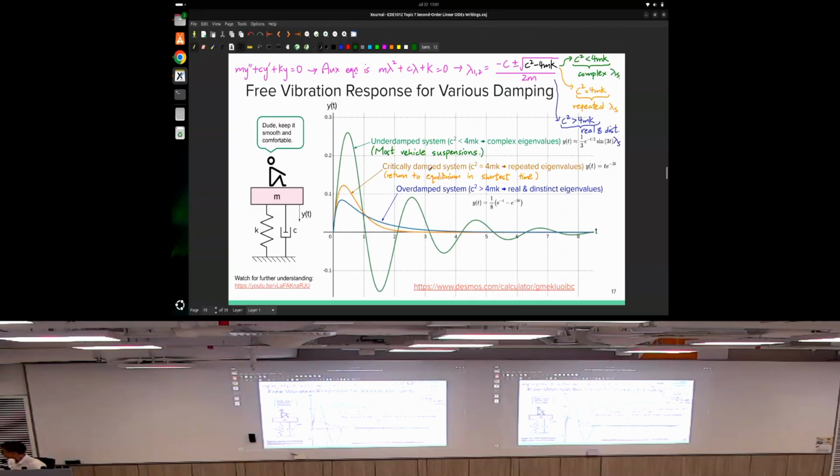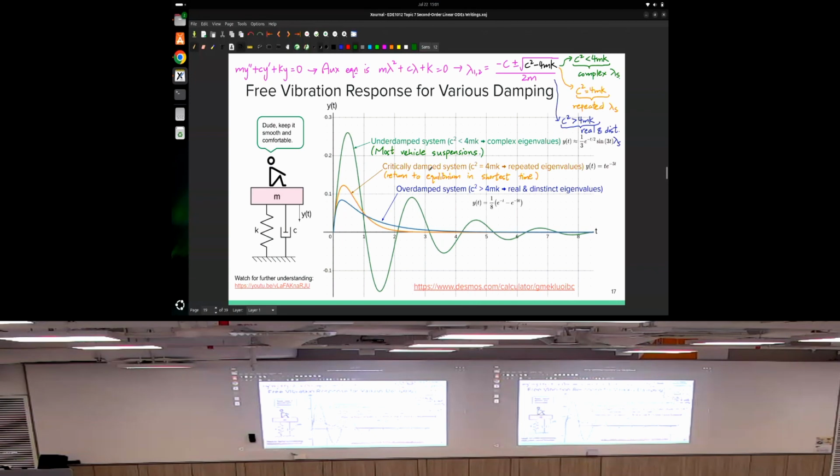Now, what is a critically damped system? If it is tuned properly, it will close in the fastest way. Desired. So typically they will have to tune this. The damper is here.